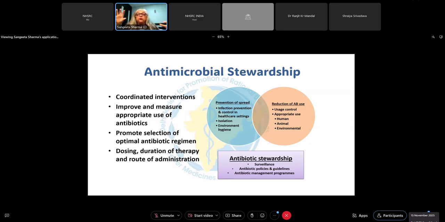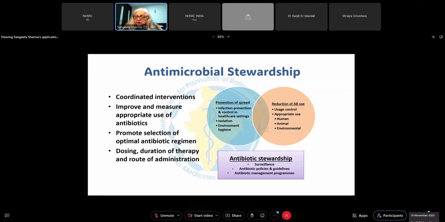But the thing which worries is that these two remain isolated. They are not talking to each other. Infection prevention control people are working on their own in their own department silos, and they are not talking to the antibiotic policy development people, or this antibiotic policy is not implemented at the ground level.